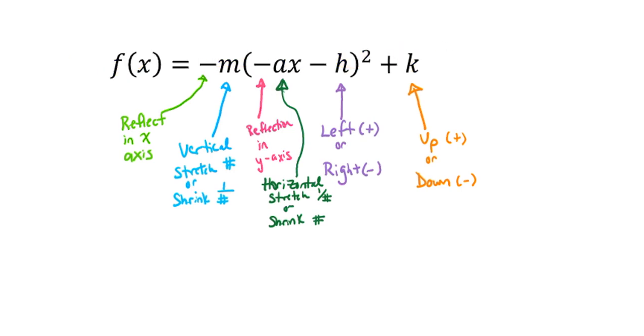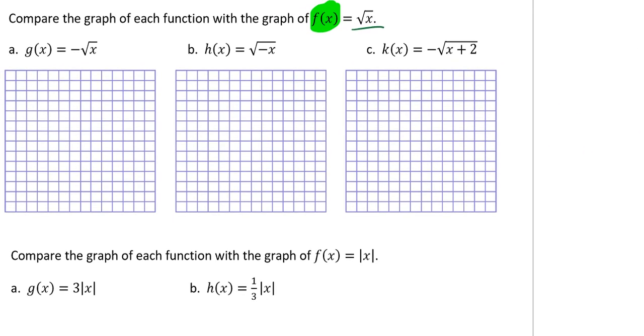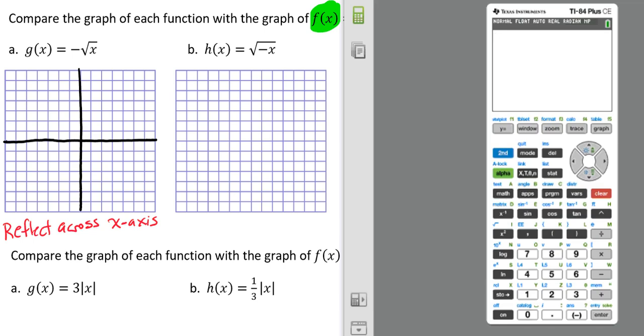All right, so let's go back to our problem. So a reflection in the x-axis. So here we're expecting to see a reflection across the x-axis. That's what we're expecting to see. And so what we're going to do is go ahead and graph this using our graphing calculator.